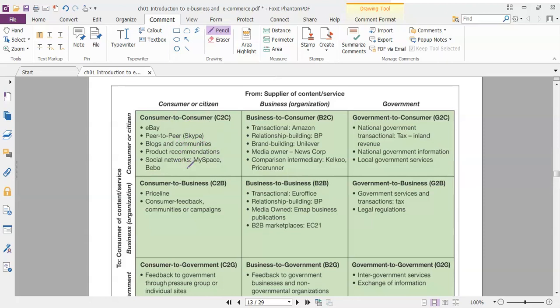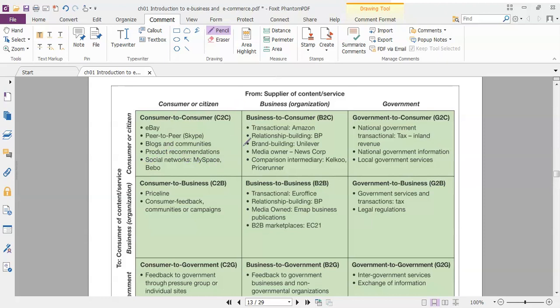MySpace was a long time ago, it's not there anymore, and Bebo. Now it's more TikTok, Instagram, Twitter, Facebook, YouTube. Those are the social networks from consumer to consumer.